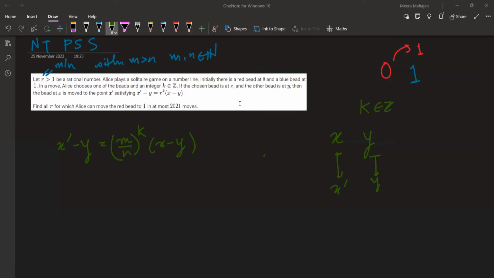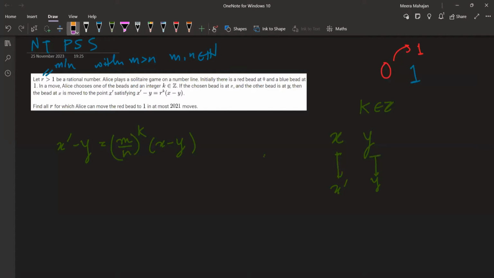As we have m greater than n, if x is greater than y, then that would imply x prime is more than y. Okay, so let's think about it this way. x dash is greater than x, right? Not y, because y gets cancelled. Okay.